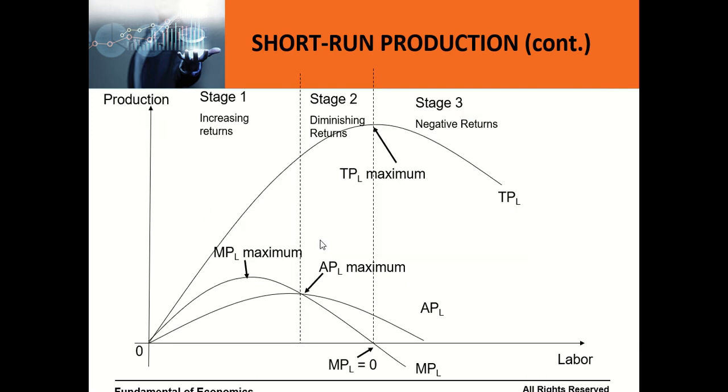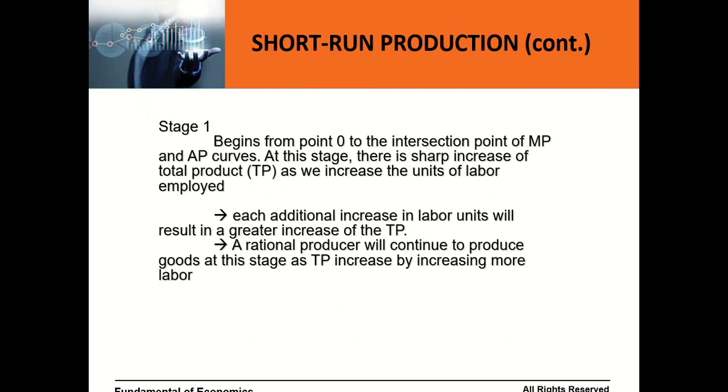So in stage 1, what happens is this. It is called increasing returns. In here, the number of fixed inputs versus the number of variable inputs: the number of fixed inputs is greater than the number of variable inputs.